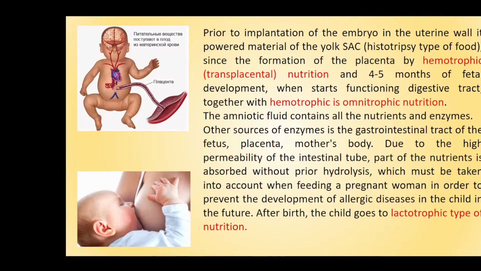Due to the high permeability of the intestinal tube, part of the nutrients is absorbed without prior hydrolysis, which must be taken into account when feeding a pregnant woman in order to prevent the development of allergic diseases in the child in the future. Afterwards, the child goes to lactotrophic type of nutrition.